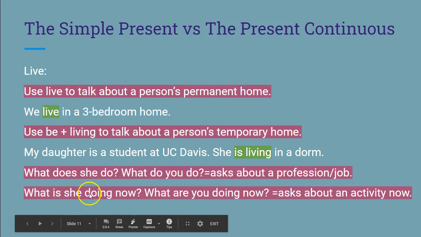However, if you say, "What is she doing now?" if we change do to present continuous, that means we're asking about what they're doing right now, right? What their activity is right now. It's not about their profession or their job.